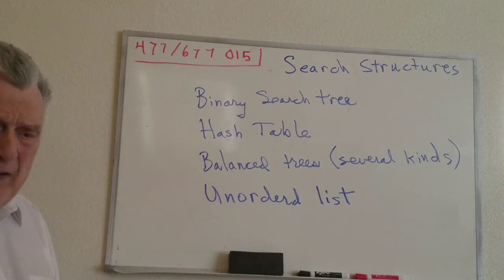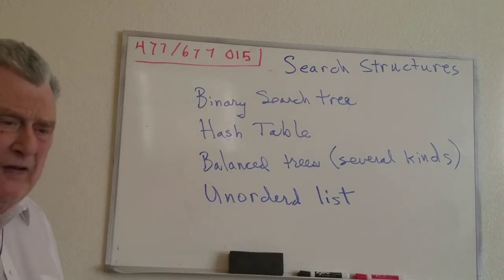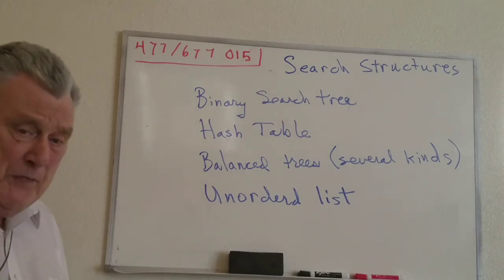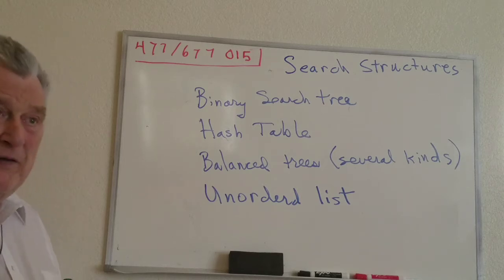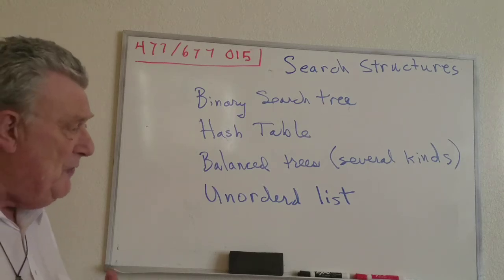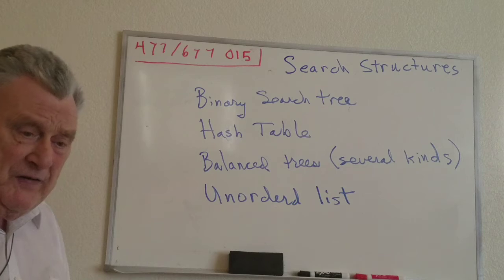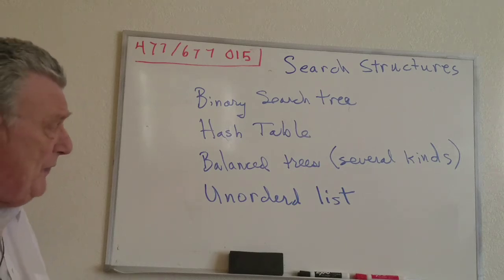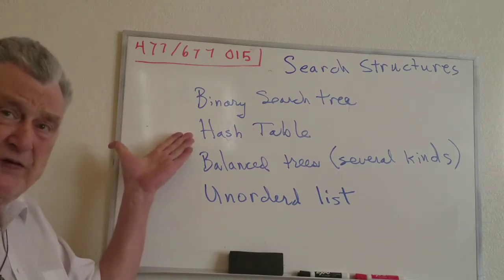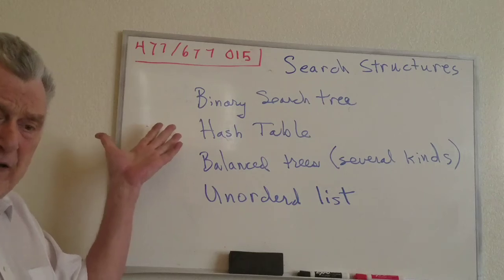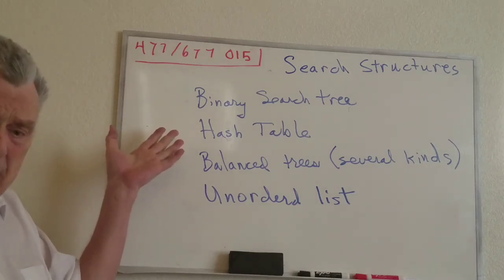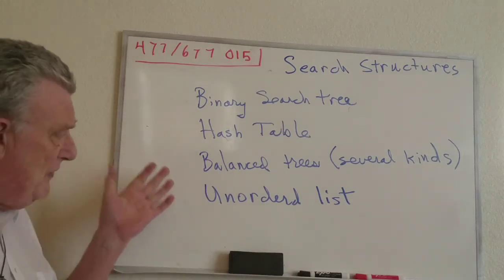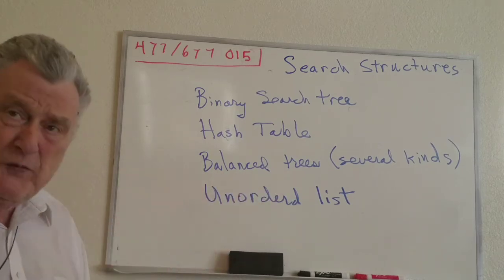And when does that happen? That happens when the number of items in the list is very small. And remember, small is a relative term. So if there are only 5 elements in the list, it's not worth it to set up one of these sophisticated structures, because the cost of setting that up is greater than the cost of just doing linear search when you need an item.